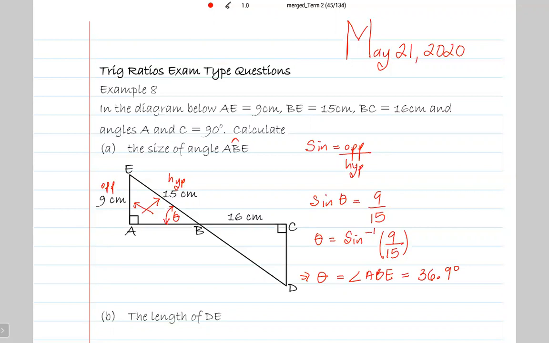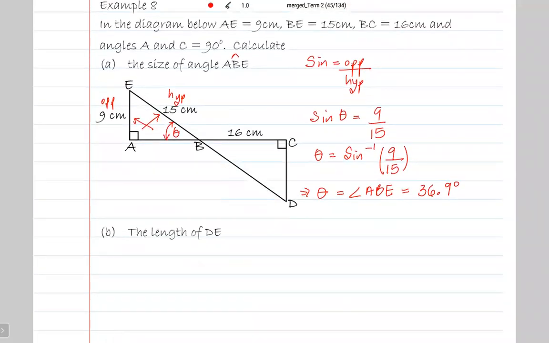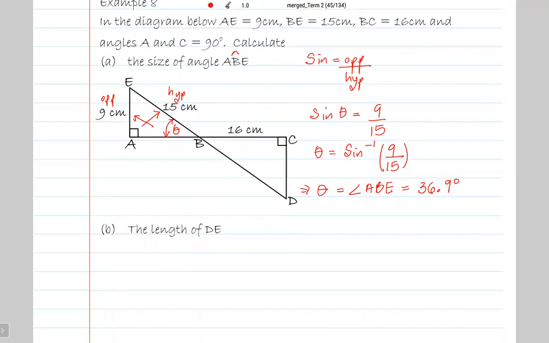Now, the next thing we're asked to find is the length of DE. DE is from D here to E. We need to find the length of that line. So I can start by saying that DE is equal to DB plus BE.